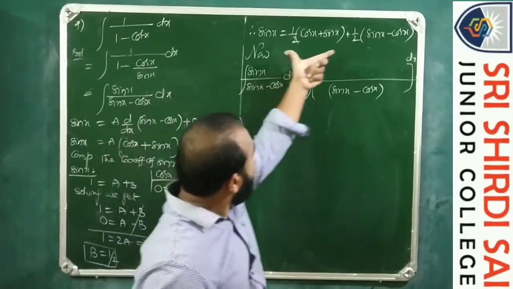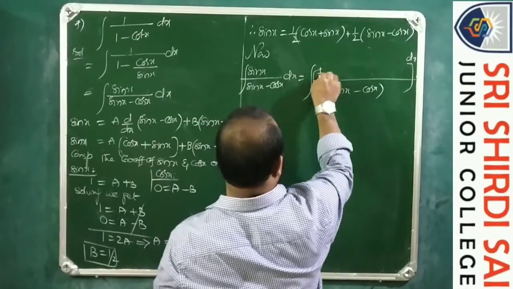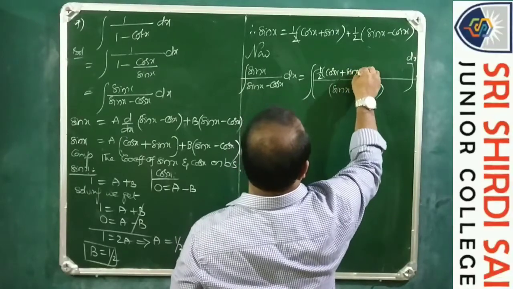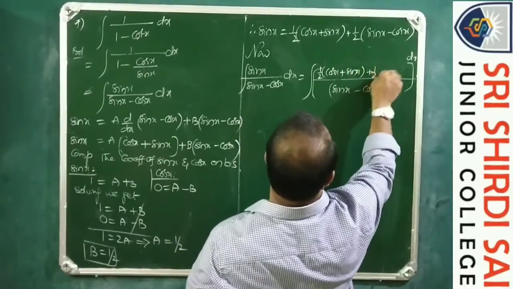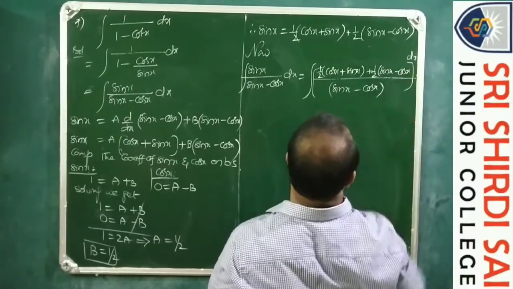This sin x we have written as this, so we will write the same: 1 by 2 cos x plus sin x plus 1 by 2 sin x minus cos x.